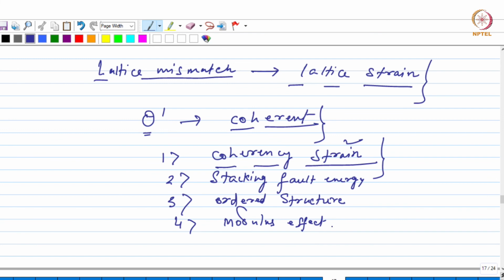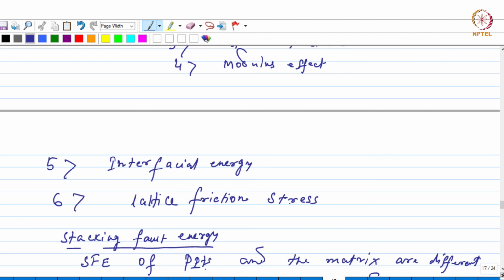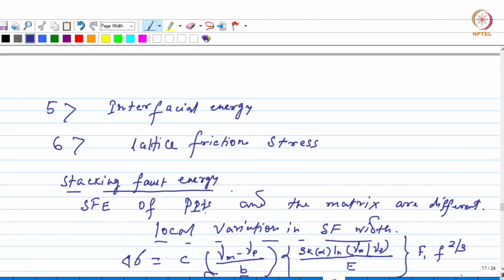Modulus effect arises due to the fact that the modulus of the precipitate and the matrix are different, and as a result of this difference, the energy of the dislocations can change, and that could in turn hinder the motion of dislocations. Interfacial energy comes into the picture because at times the dislocations can shear the precipitates, and when that happens, the surface area of the precipitates increases, and the surface energy also increases due to that.